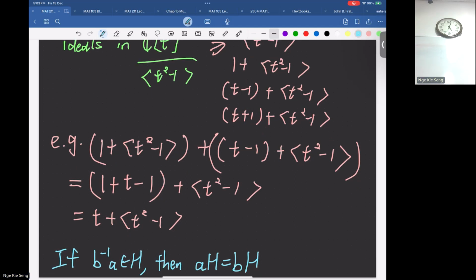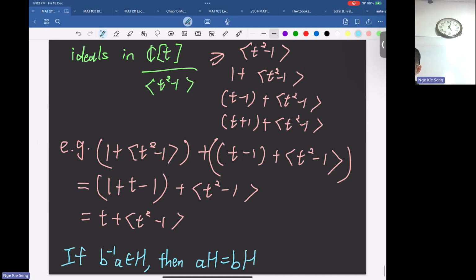Okay, so there are 4 representatives here. Take any element from here, minus the representative here.